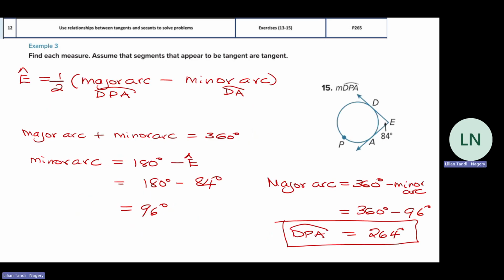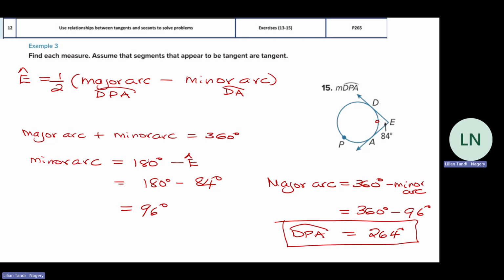Oh, I wanted to explain something here. When two tangents are meeting outside, okay? When two tangents are intersecting outside the circle, the exterior angle and the minor arc should give you 180 degrees.